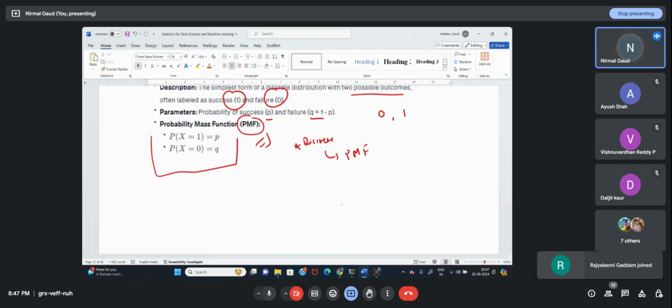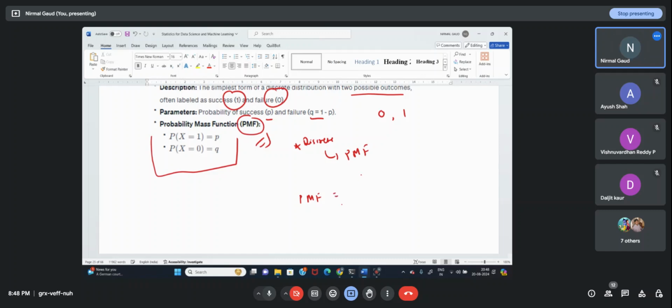And if you talk about continuous, then they will be PDF, probability density function, that I will teach you ahead. So for every discrete distribution, we will have a PMF.